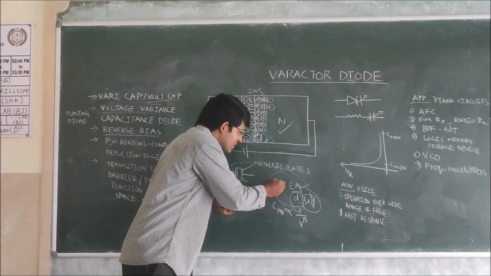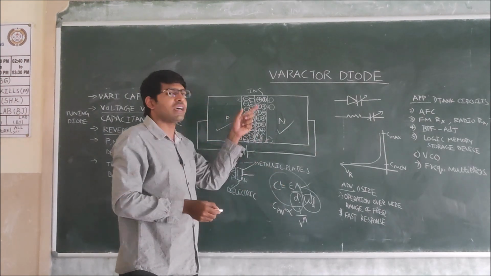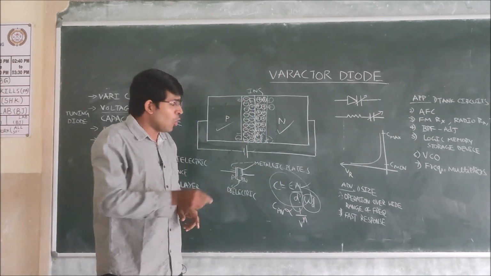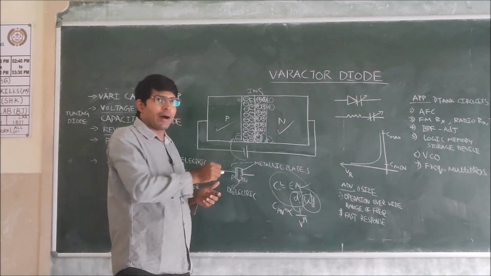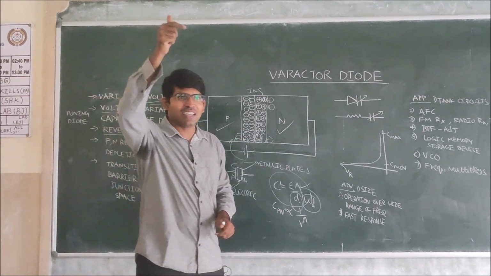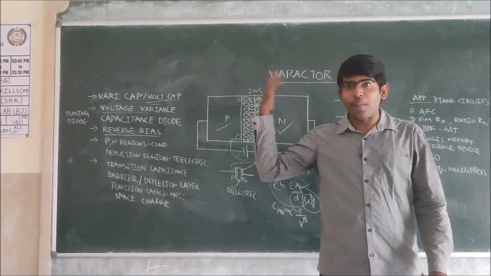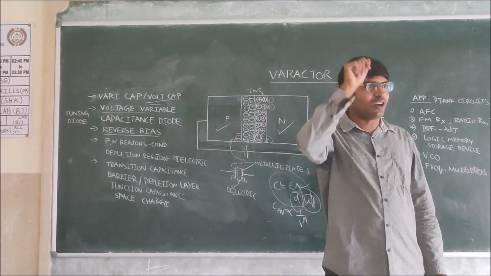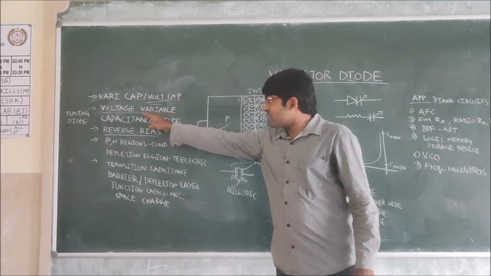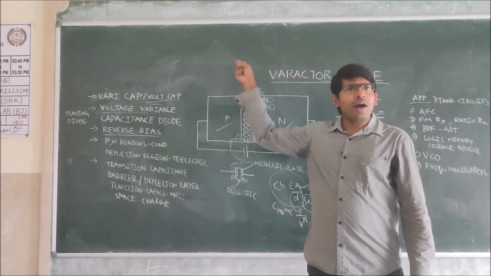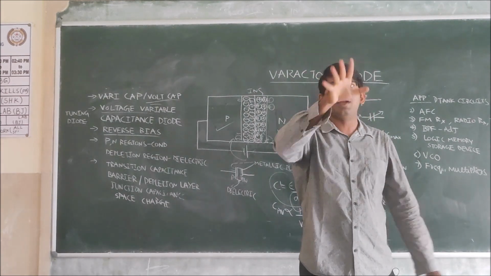This capacitance can be changed by using the reverse bias voltage. Voltage variable capacitor: when we change the voltage, we change the capacitance. Now the capacitance is in the control of voltage. That's why it is called a voltage variable capacitance diode. That is the real meaning.